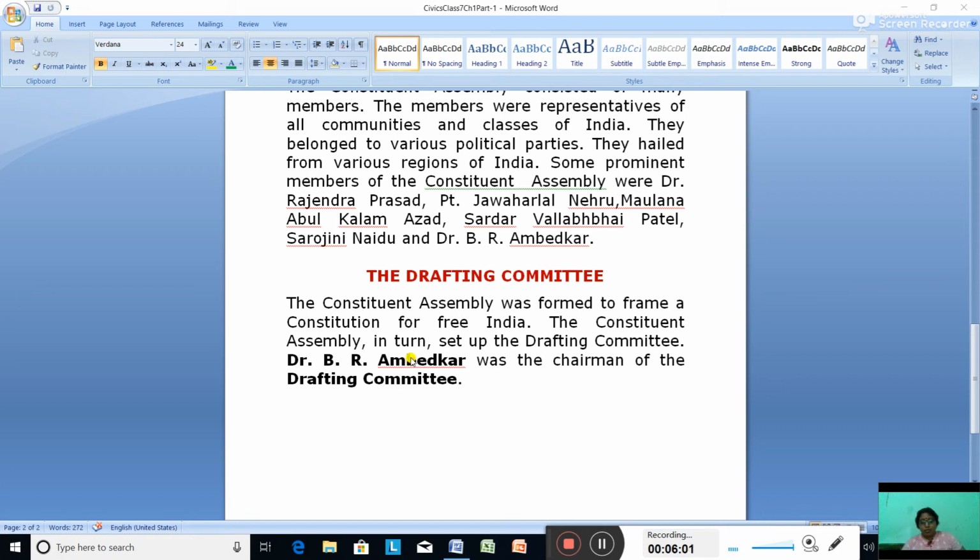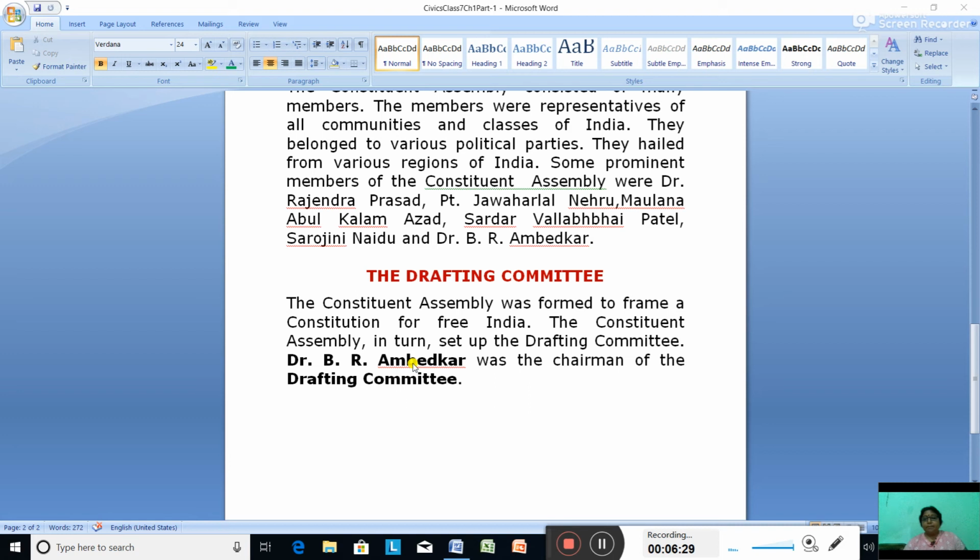They had to study the salient features of the constitutions of other countries, that is USA, UK, and Ireland, and included the good features from these constitutions to prepare the draft of our constitution. So sometimes our constitution is also known as a bag of borrowing.